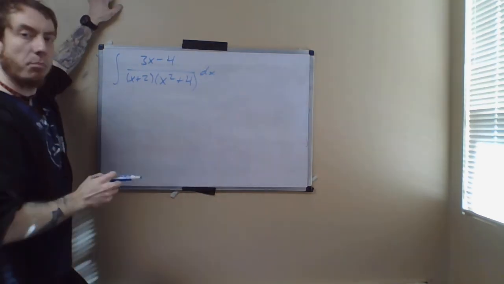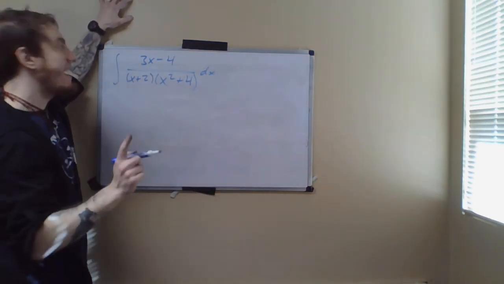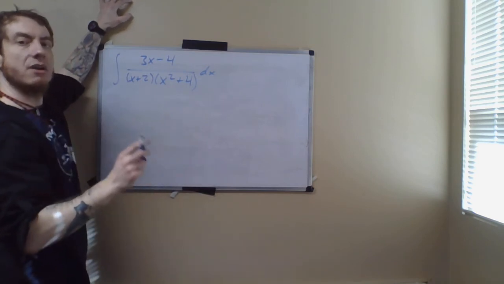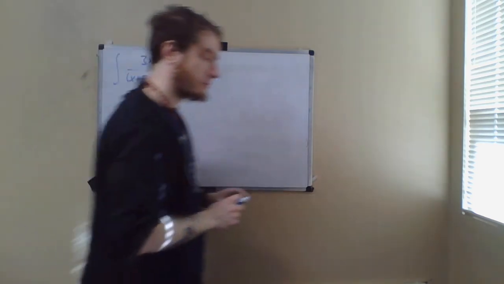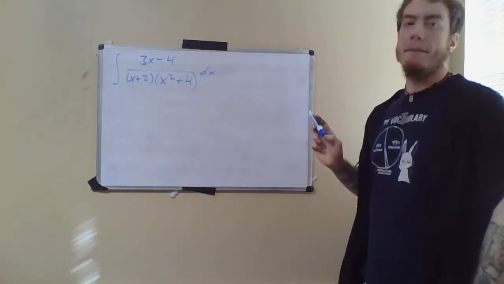Well, now I have a problem because this does not factor into linear factors. So that's going to give me a bit of an issue. So we'll have to see next time what you can do with that.